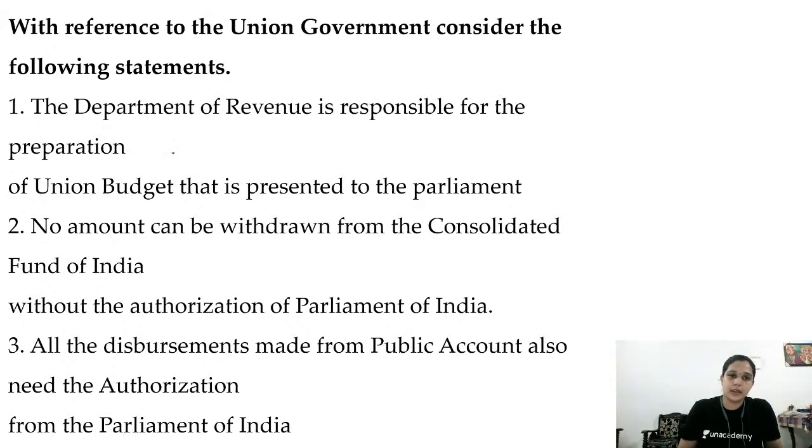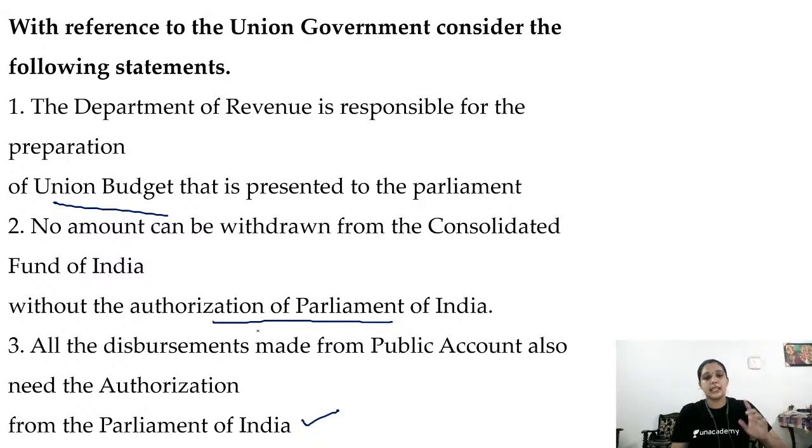The Department of Revenue is responsible for the preparation of the union budget that is presented in Parliament. No amount can be withdrawn from the Consolidated Fund of India without authorization of the Parliament of India. All disbursements made from the public account also need authorization from the Parliament of India.